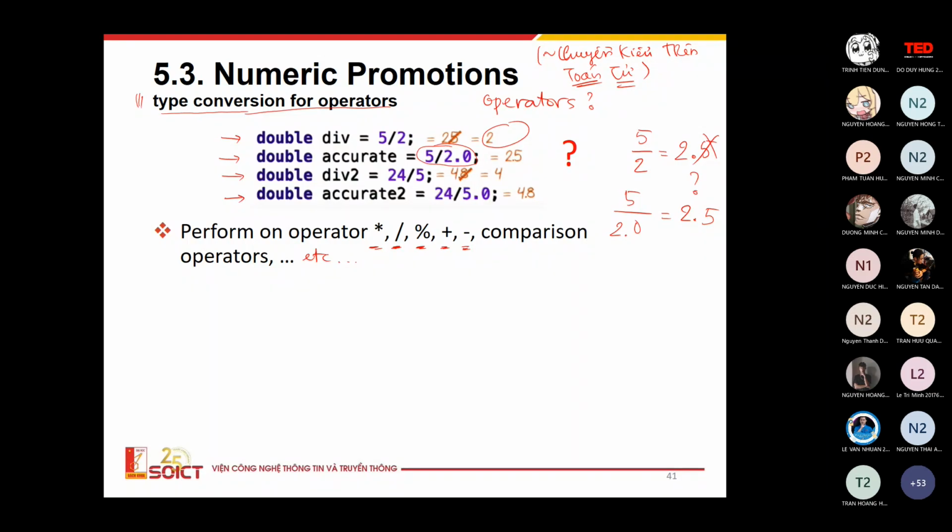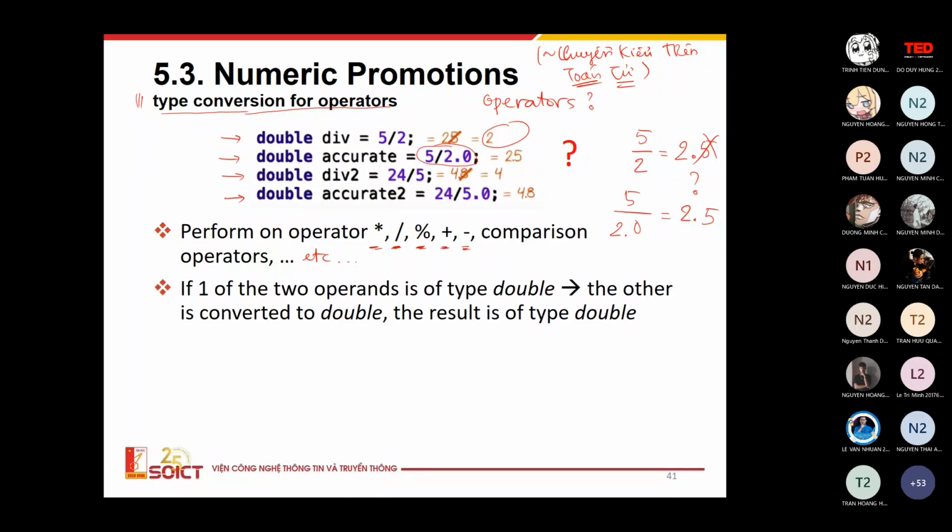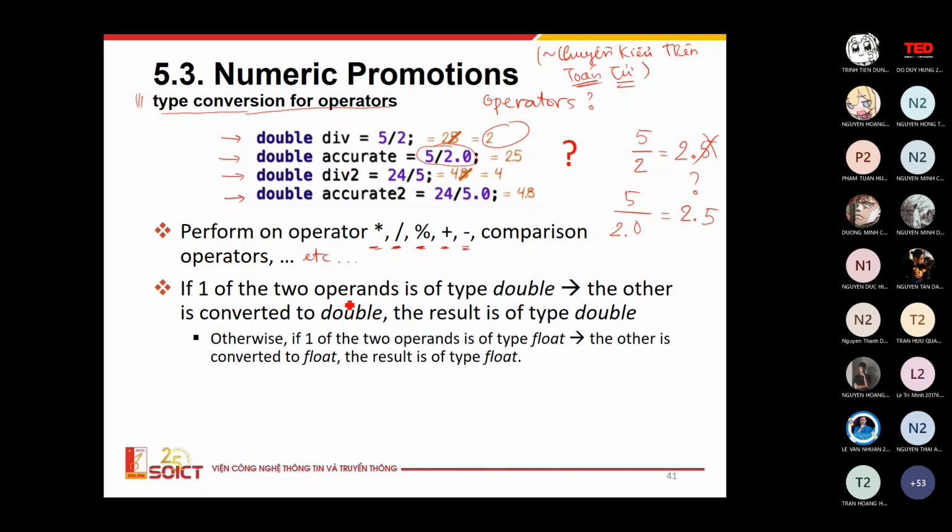And how do they do it? If one of the two operands is of the type double, then the other will be converted to double, and the result will be double. Okay, this is the explanation for the numeric promotion. Otherwise, if one of the two operands is of the type float, the other will be converted to float, and the result will be float.